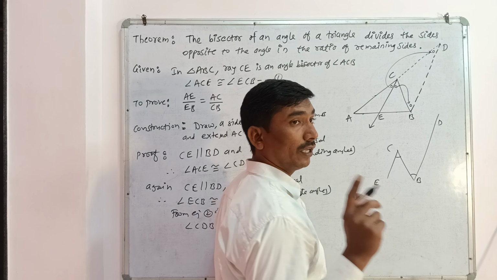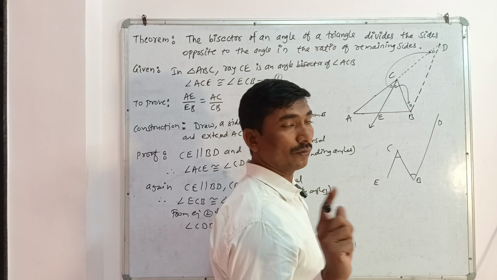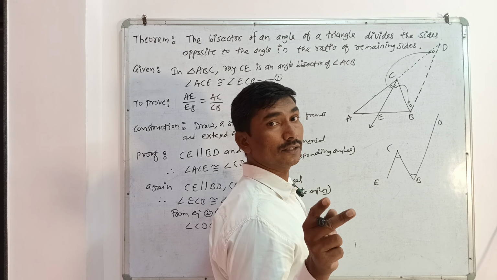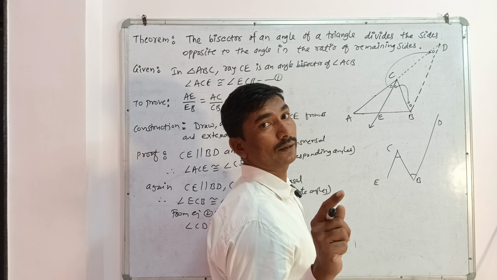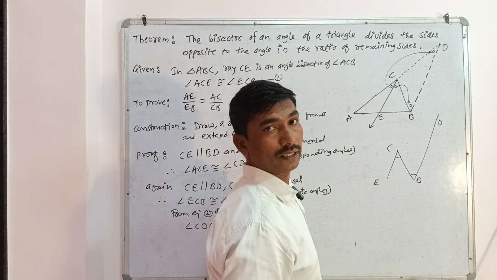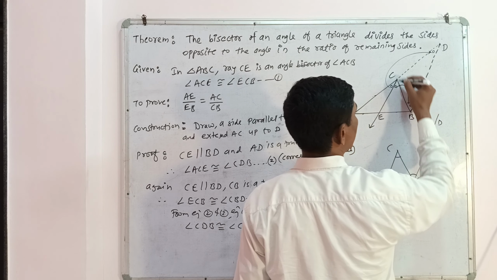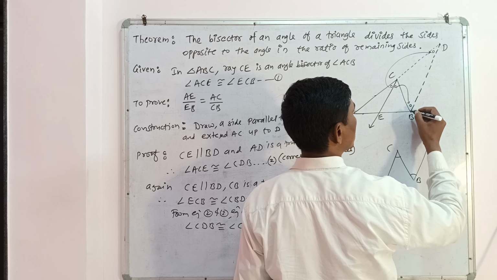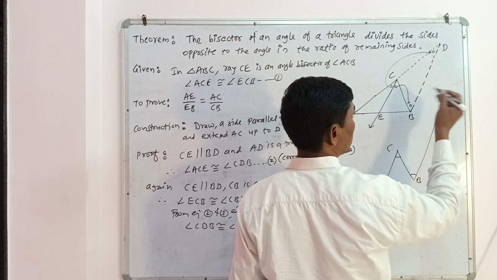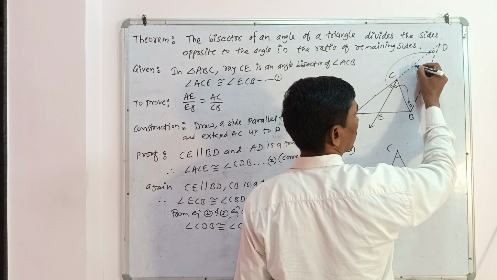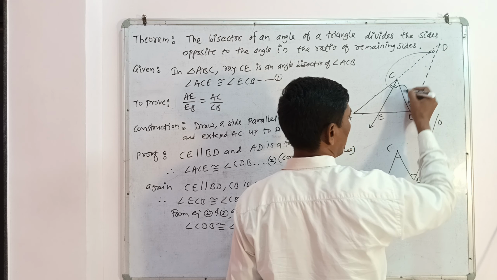Now you know that if any two angles of a triangle are congruent, then we know that the sides opposite to those two angles must be congruent, isn't it? I mean, if this CBD is congruent with CDB, then what I can say is side opposite to this angle is CD and side opposite to this angle is CB.